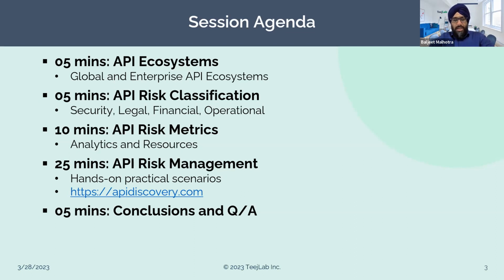As an agenda, what I intend to share with you today is some of the global trends that are shaping today's digital economy. Specifically, APIs are very, very important. You are the experts. You have worked with a lot of APIs, perhaps built APIs, perhaps integrated APIs, looked into some sort of testing as well. But I want to start with some analytics that might inspire you to look into this from a global perspective.